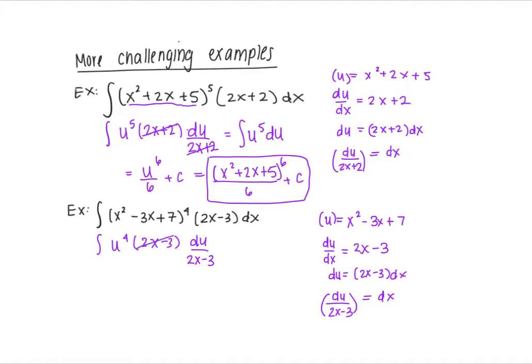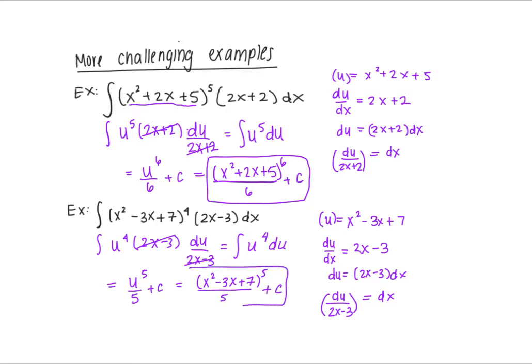Well, the 2x minus 3's cancel, and I'm left with the integral of u to the 4th du. Well, the integral of u to the 4th du is u to the 5th over 5, and we can plug u back in. (x squared minus 3x plus 7) to the 5th over 5 plus c.